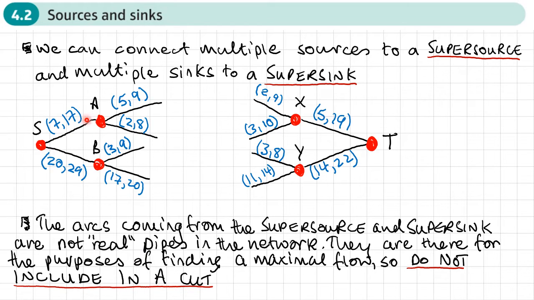So do not include these arcs I'm about to highlight in yellow, these ones here going to the super source and the super sink. Don't include those in a cut, because they are not part of the network. So when we're trying to work out a minimum cut to prove if you've got a maximal flow, these arcs here shouldn't be included in that cut.